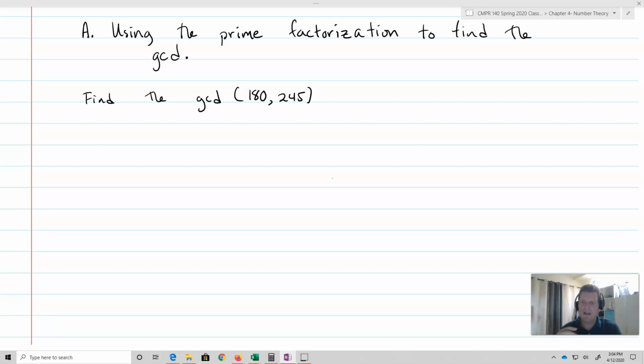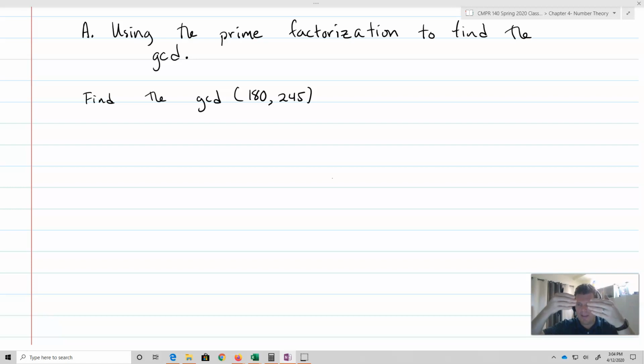The idea behind using the factor tree to find the GCD is that the factor tree breaks up a number into its prime factorization. And the GCD is going to be all the prime factors that both numbers have in common.